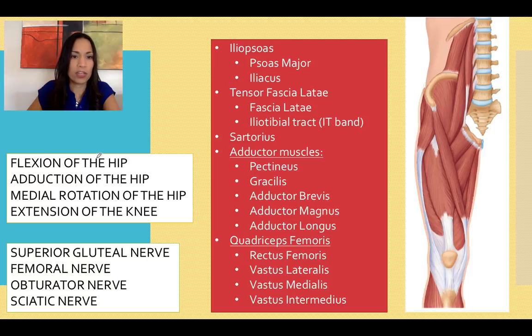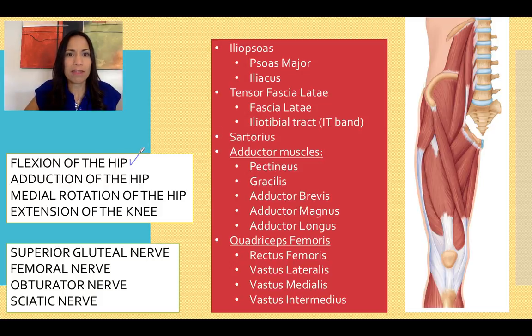Flexion at the hip, we just described flexion, adduction, and medial rotation. And at the knee, only extension. Let's put these muscles to work to perform those movements. And these are the only 4 nerves that we mentioned today, mostly femoral, right?